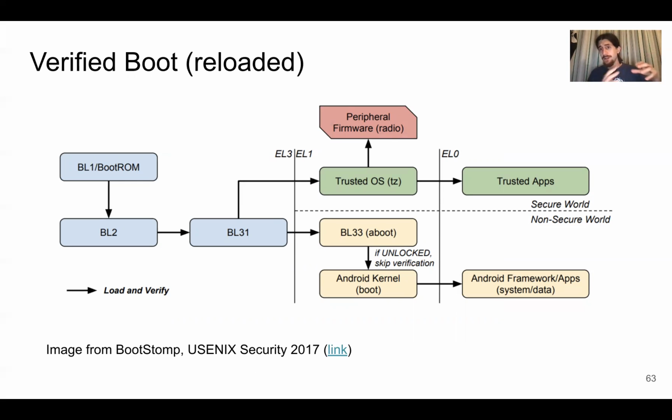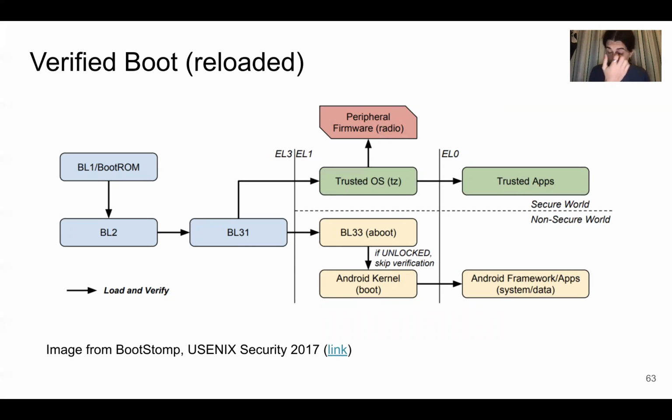These are different levels in the bootloader chain. And at a certain point, there is a component that starts ABoot. And this ABoot is what we've seen before. So from ABoot, there is a check: is the bootloader unlocked? If it's unlocked, you can load the custom Android kernel or custom boot partition and so forth. If it's locked, you need to have everything trusted.